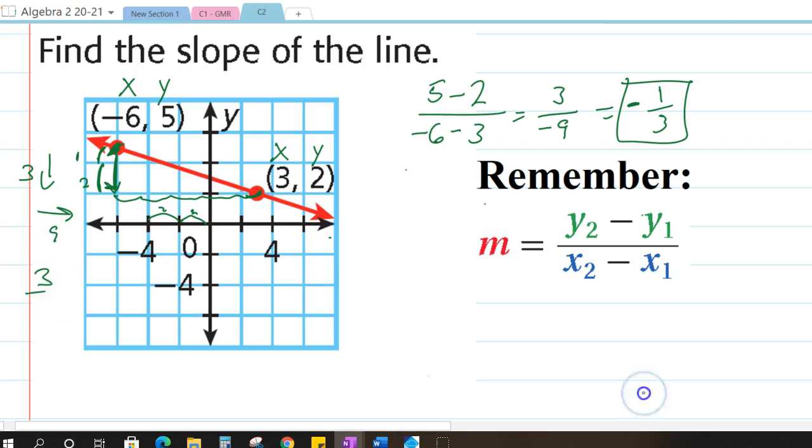That gives me 3 over 9. Now because I went down, that's a negative. Negative 3 over 9 gives me negative 1/3. So if they give you a pretty picture, you can simply count, but make sure you notice that these are by 2's. Or if you have the numbers, you can use the formula.